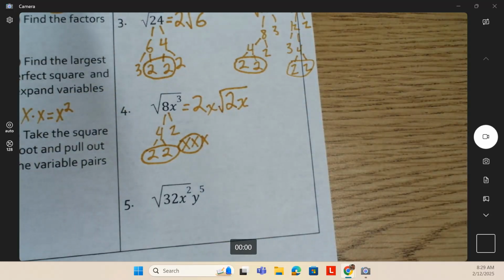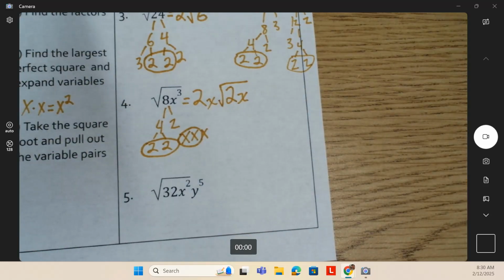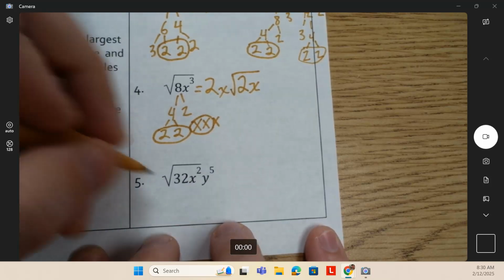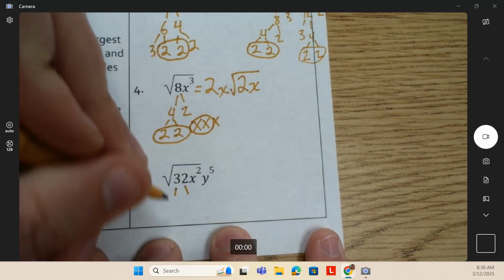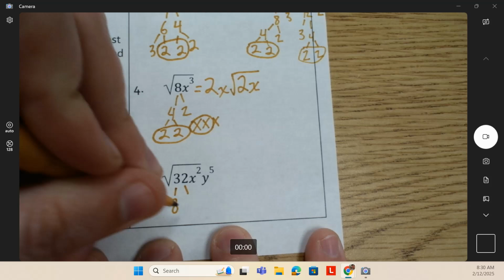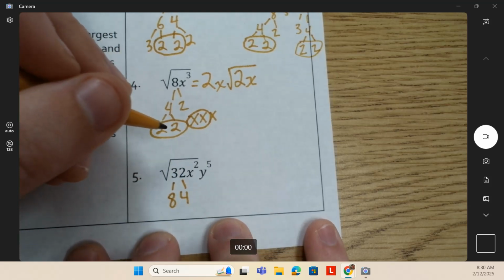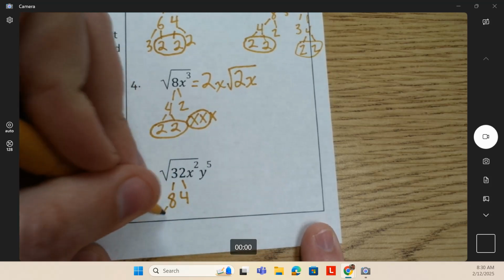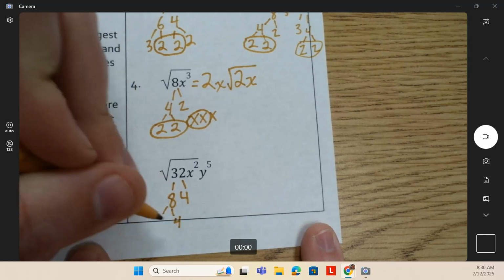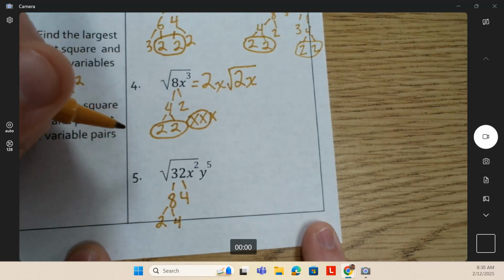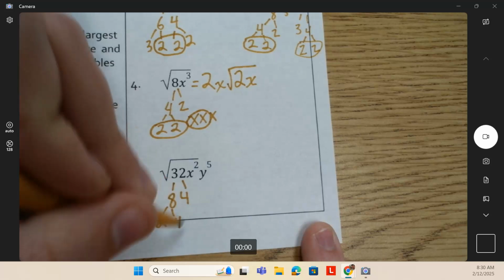Then, when I've got a number like 32 down here, I'm going to split it up again into whatever we think of. Normally we do 8 times 4, but if you said 16 times 2 works as well. So 8, if I split 8 up into 4 and 2, one of the things you notice is I get a pair of 4s right there.